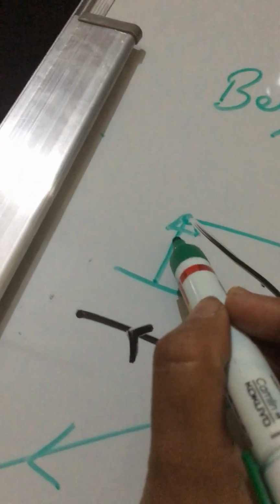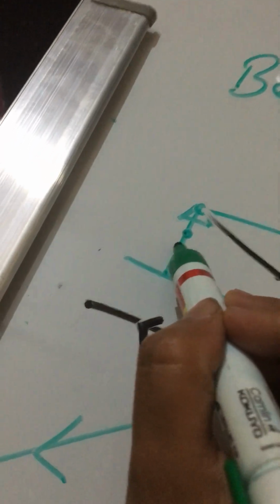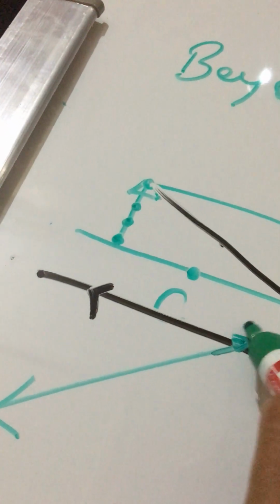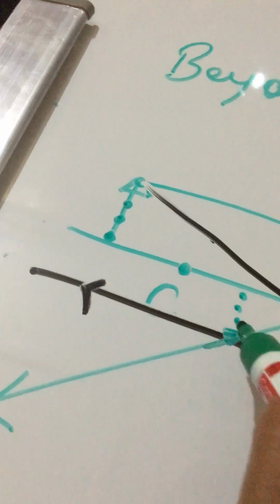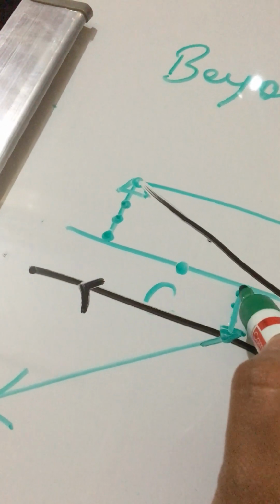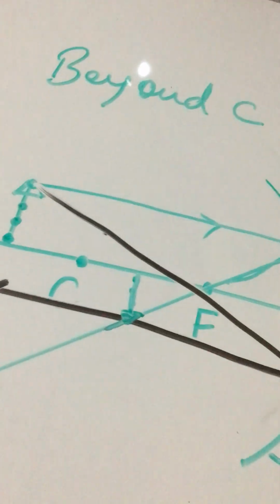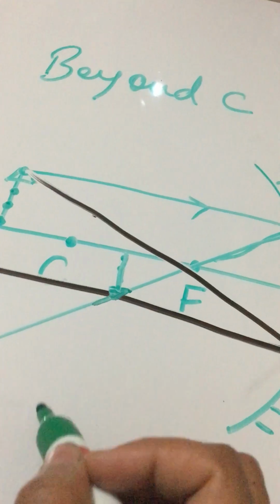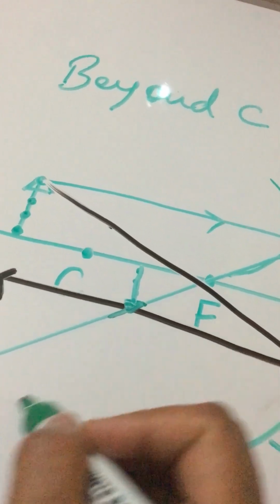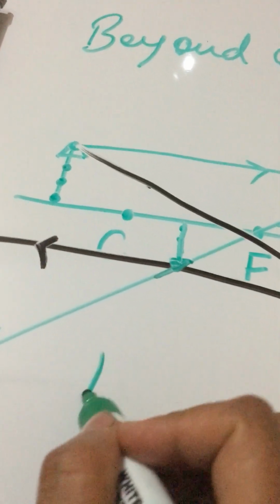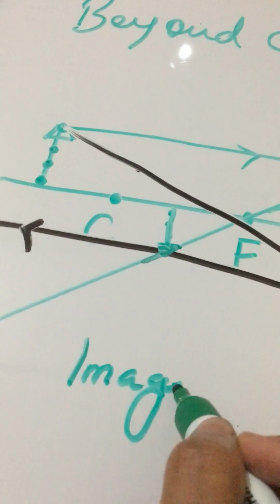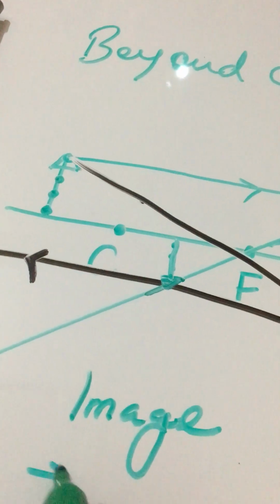Similarly we can do this for the other parts of the object, and when we do this, how will the image come? The image will come upside down. In this case, this is the image, so the image is upside down, right?